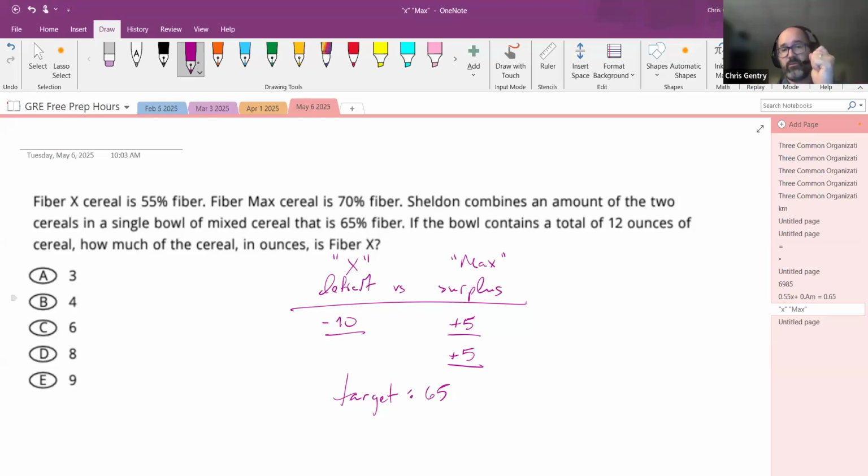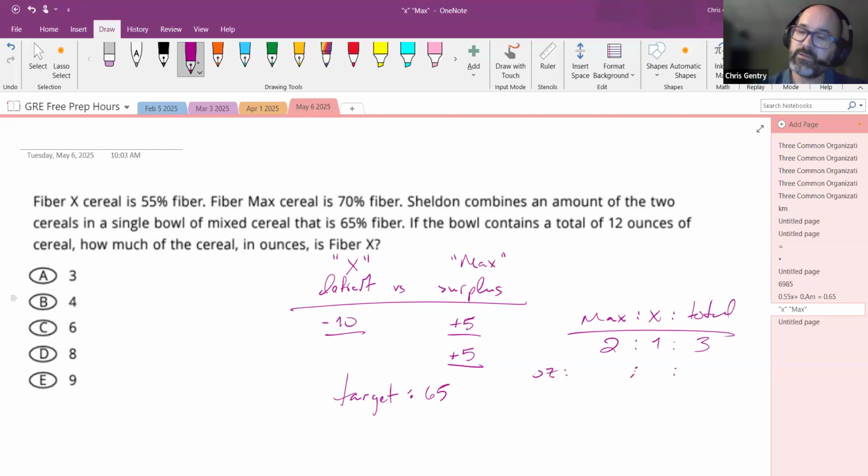It'll be just right. And this is another way to see that my ratio has to be 2 parts Max, 1 part X, 3 total parts. For my total ounces, 12 total ounces, 4 and 8. That's another way to see it.